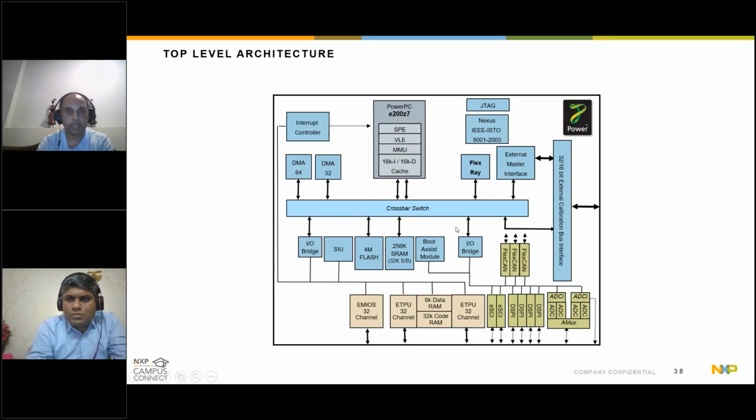There would be an interconnect, the crossbar switch, and the core and the multiple peripherals, accelerators, masters and slaves will be sitting on this crossbar. You can see the DMA sitting there for direct memory access, which will be used to transfer a chunk of data from one memory location to another, either within the chip or outside the chip as well.